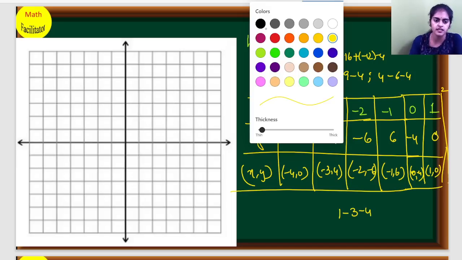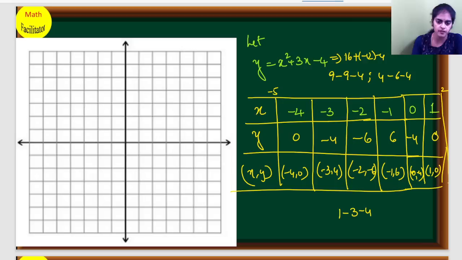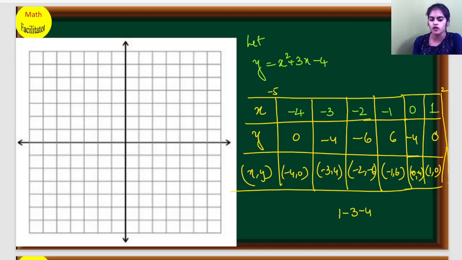Now I need to plot these points on this particular graph paper. While you plot the points, this is the rough work which I have done here. Firstly, you have to take the scale. How do you take the scale? Firstly see what is the maximum value here. Maximum value is 6 on the x-axis, and what is the minimum value?